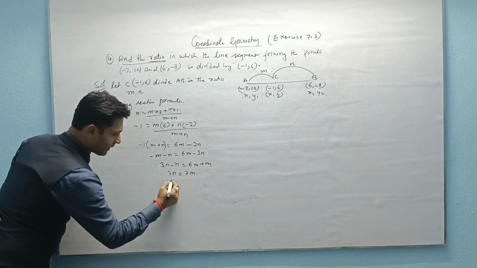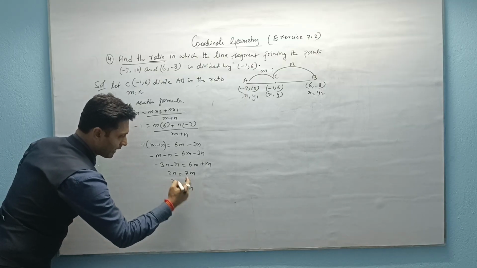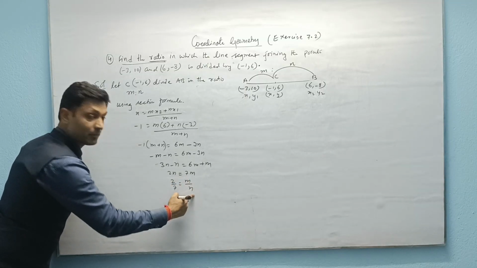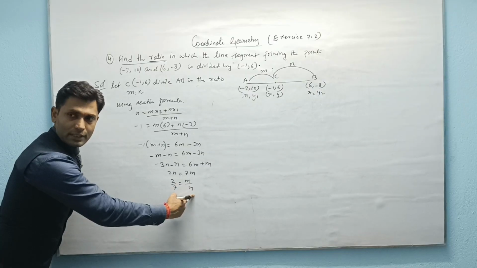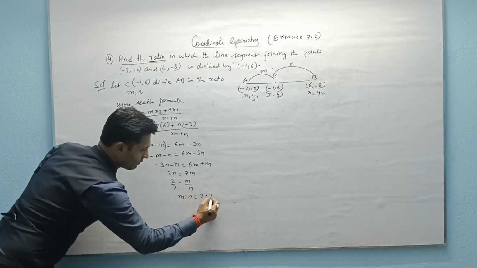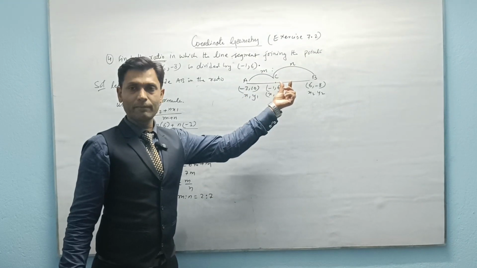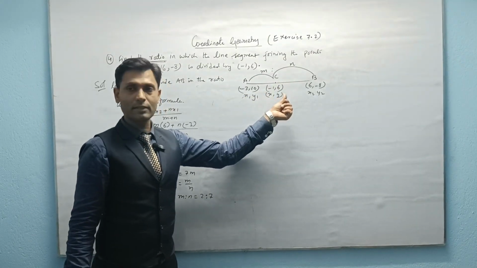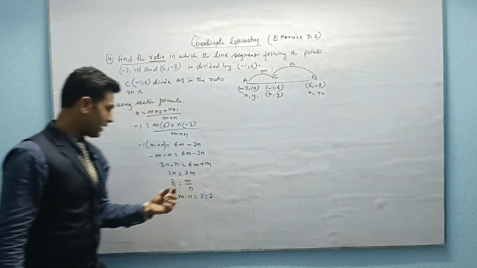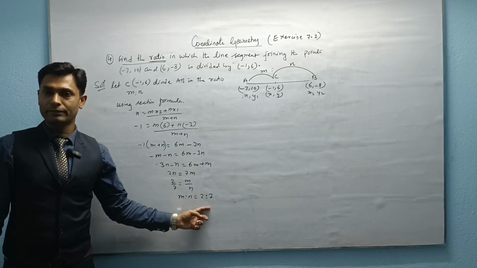If you just cross multiply, 2 by 7 will be equal to m upon n. 7 will come down here, n will come down. Hope you know this technique, right? So m is to n is equal to 2 is to 7. So that means this point C, that is (-1, 6), is dividing AB in the ratio of 2 is to 7. Clear?